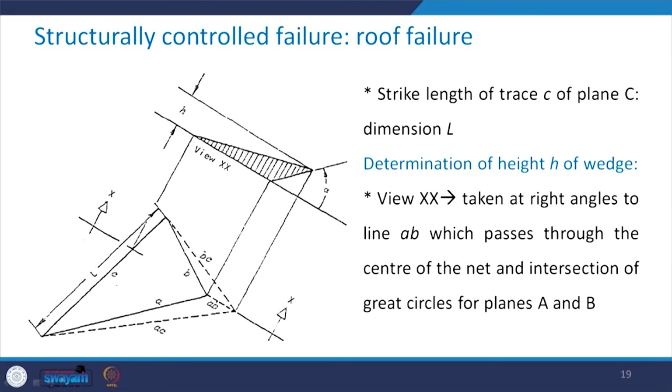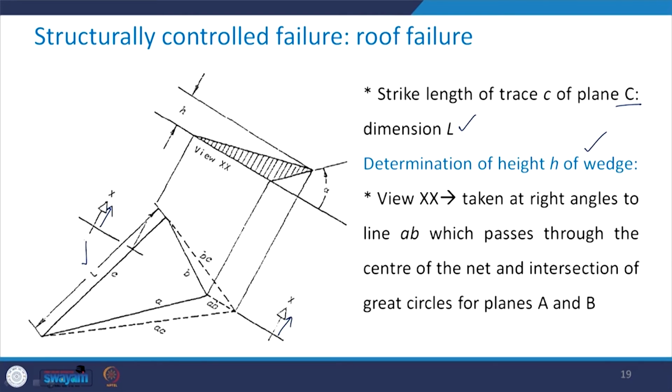So, the strike length of trace C of the plane C is the dimension L, which I just showed you. Now, how to determine the height h of the wedge? You take the view XX.